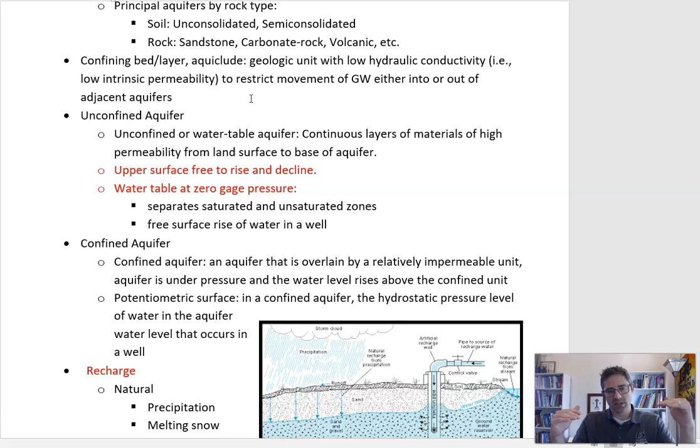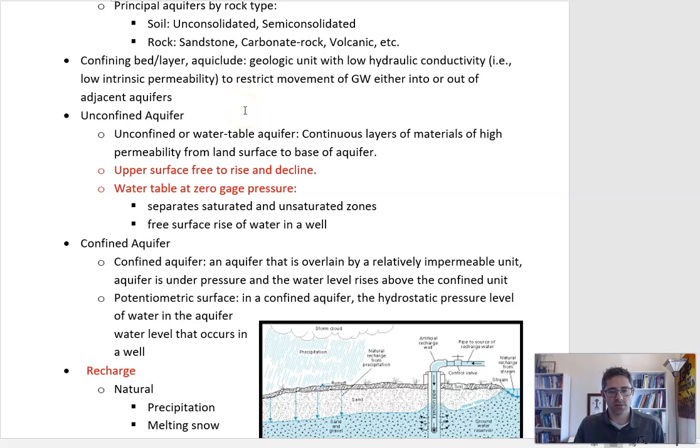That water table is at zero gauge pressure. It separates a saturated zone below it from a probably moist but unsaturated zone above it. And that water table can go up and down as storage in that water table aquifer goes up and down.